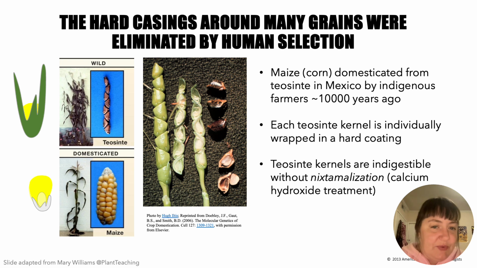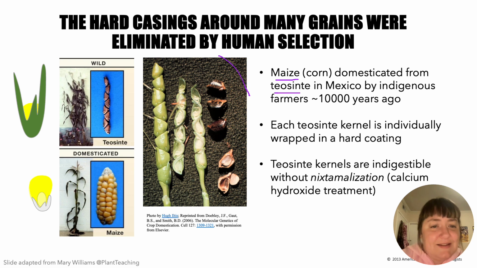And here's another example using corn. So it's corn, also known as maize, and that was domesticated in Mexico by indigenous farmers around 10,000 years ago. And this is the wild relative of maize. It's called teosinte.